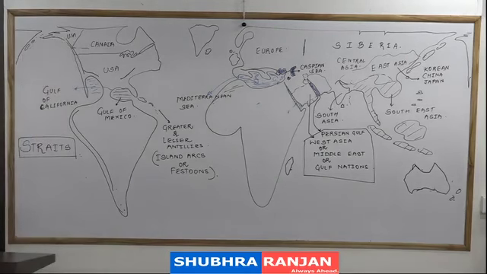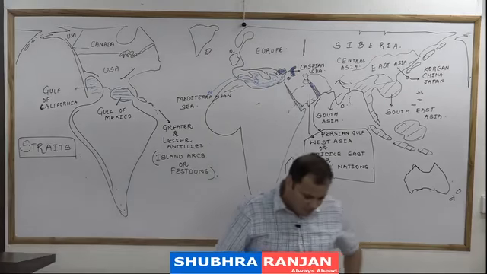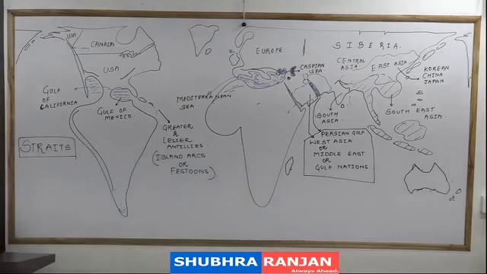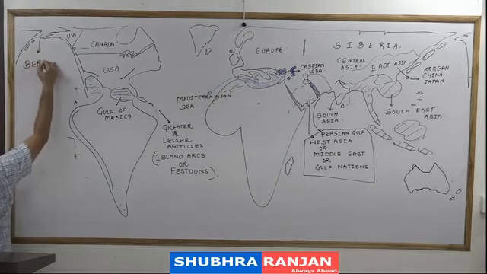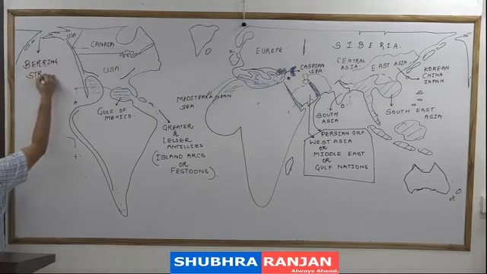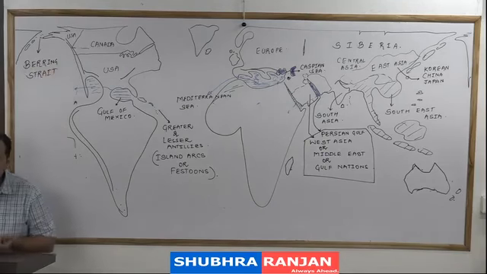So the important straits in the world are Bering Strait. Important straits in the world are Bering Strait.